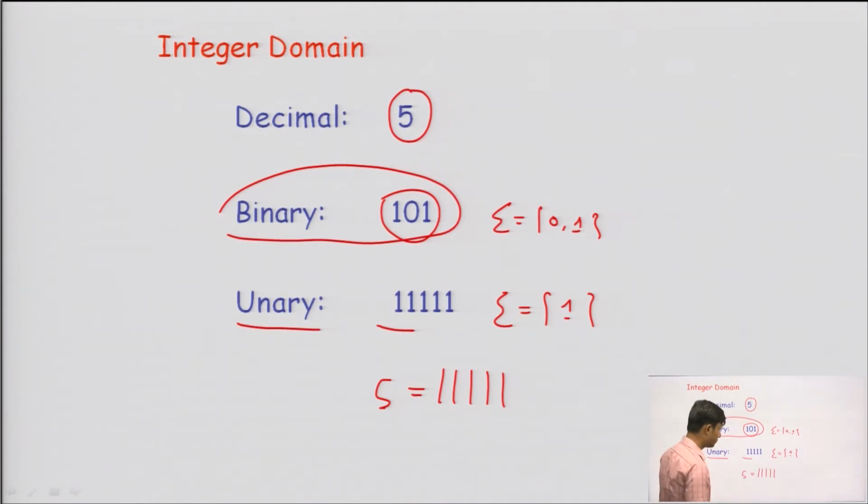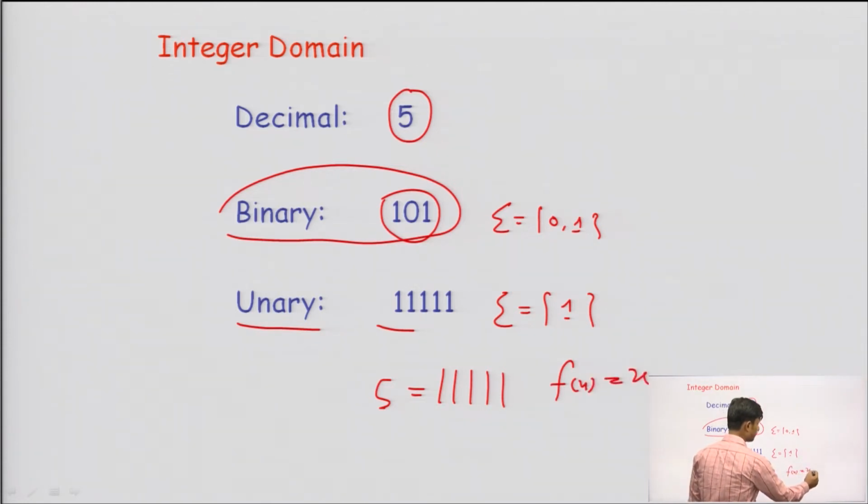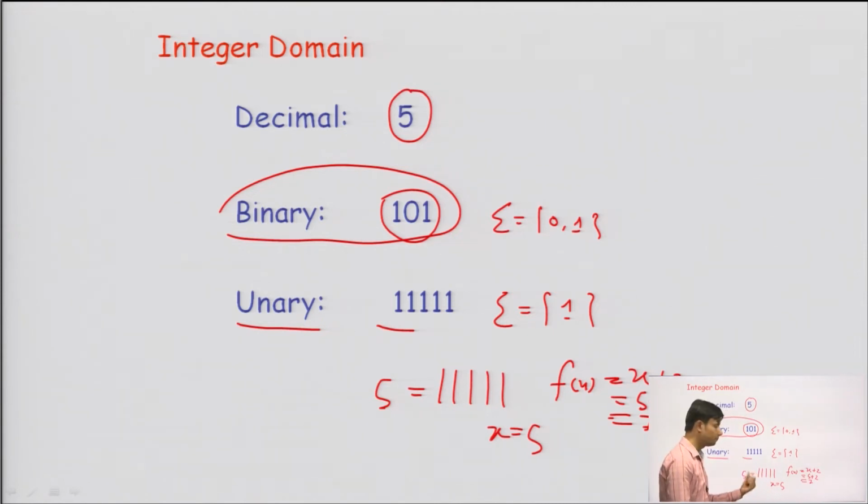Suppose f(x) is x plus 2, and x is 5, then this is 5 plus 2, which is 7. In this case your input tape will be five 1s, then after the processing, when you reach the final state, your tape will have seven 1s.